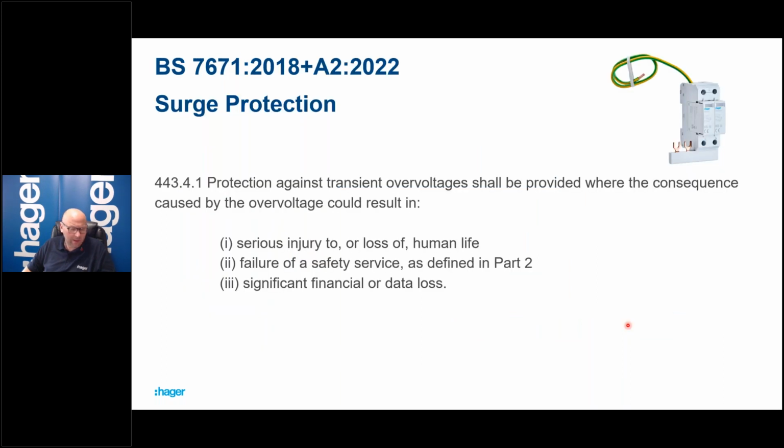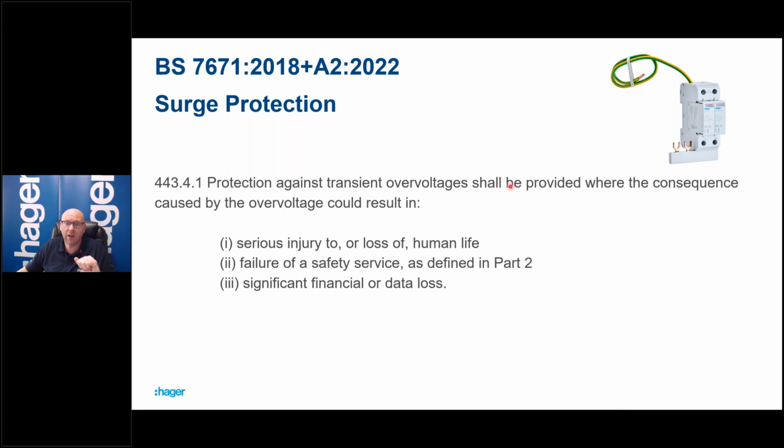Next up for consideration is surge. These were the 3 indents we had after the DPC. When Amendment 2 came, the process got simplified, the risk assessments went away, and we had a very straightforward regulation. If the consequence of overvoltage could result in one of those 3, you're required to put surge protection in.